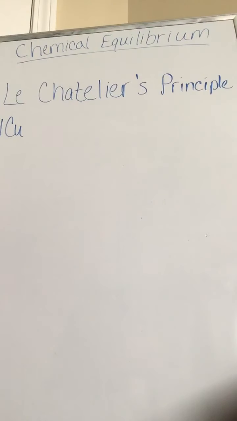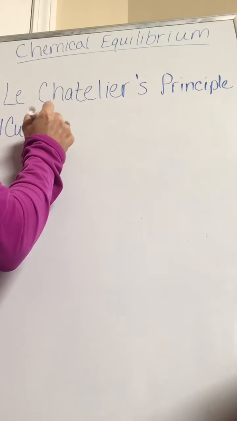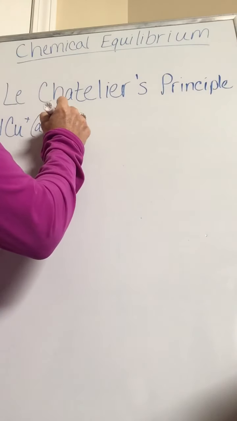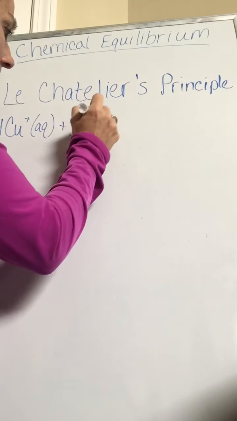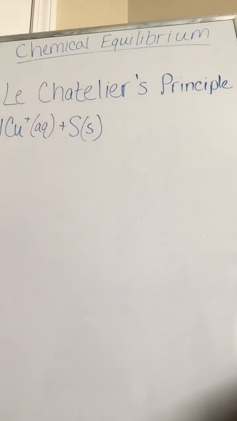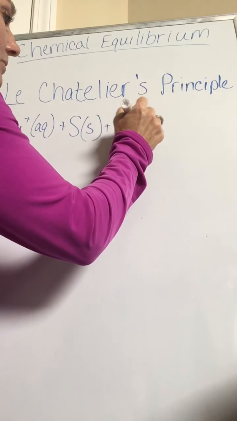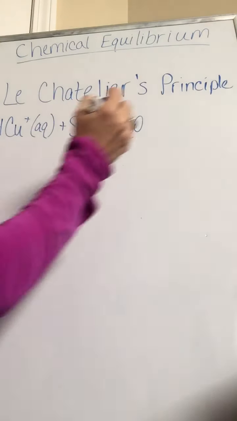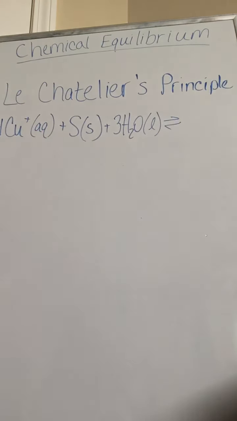4Cu+, and this is aqueous. Remember, aqueous is not liquid. Aqueous is going to be accounted for in an equilibrium calculation. Plus solid sulfur plus 3H2O, and that's liquid. Those are our two.